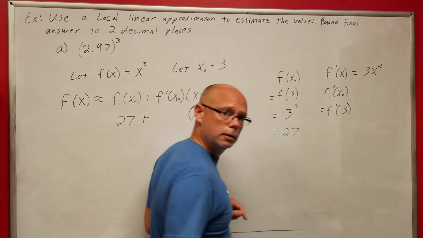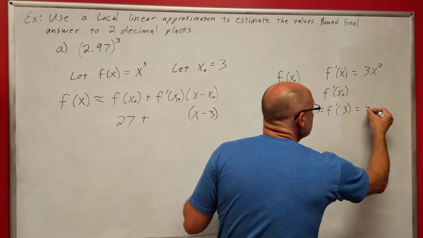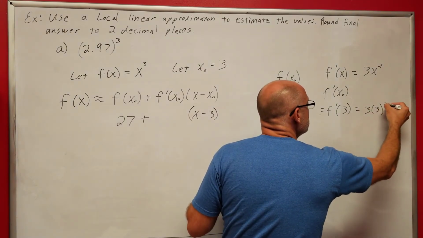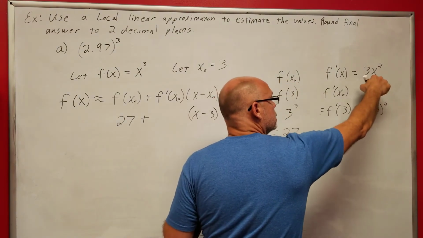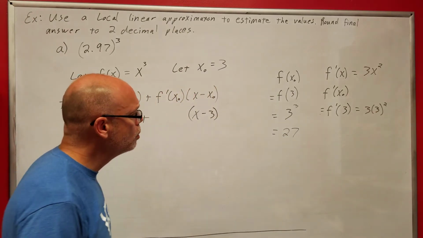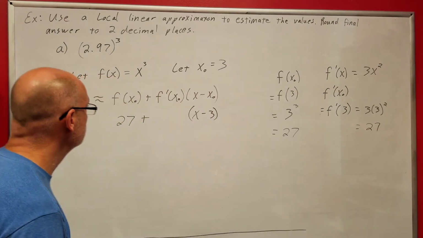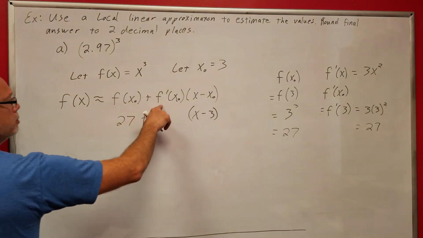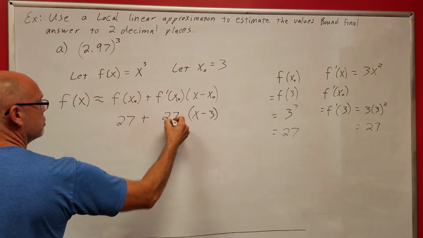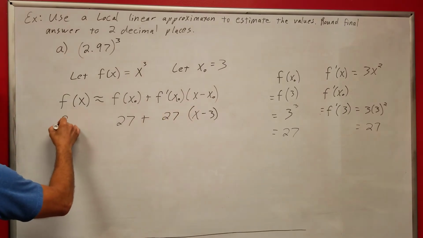At 3, which will be equal to 3 times 3 squared. In other words, I'm plugging in 3 into that derivative function. What does that give me? That also gives me what? 27. So f prime at x naught is 27.